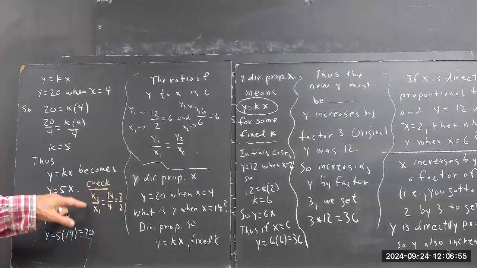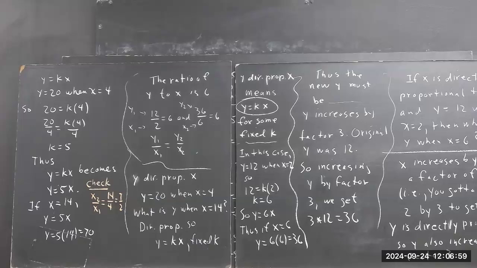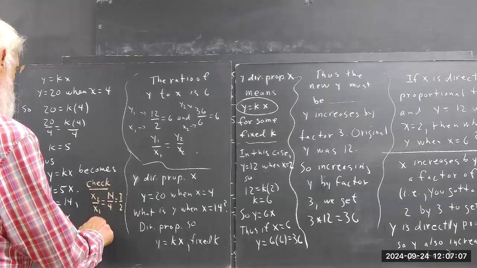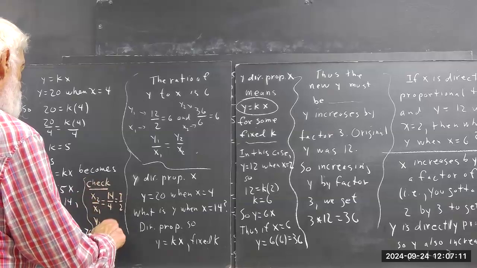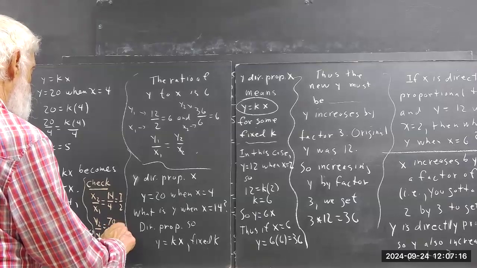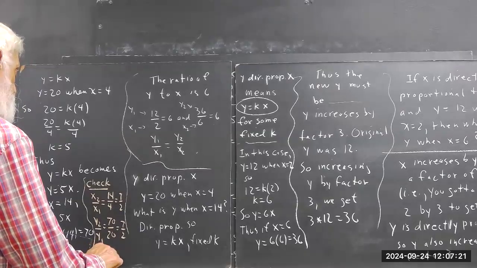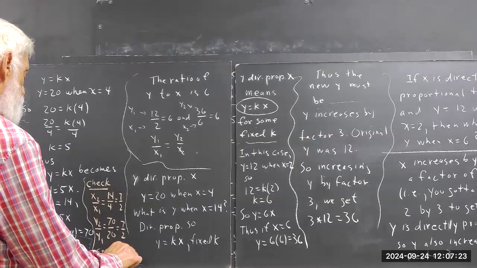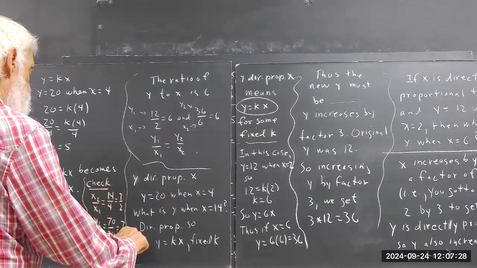Your ratio of x values is 14/4, which reduces to 7/2. And y2/y1 is 70/20, which reduces to 7/2. Same ratio, so it checks.